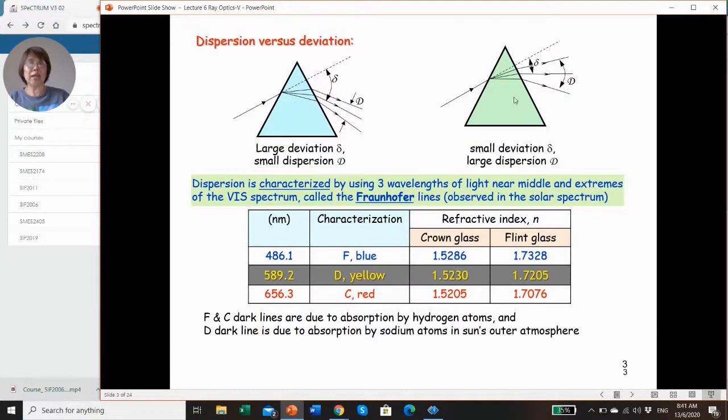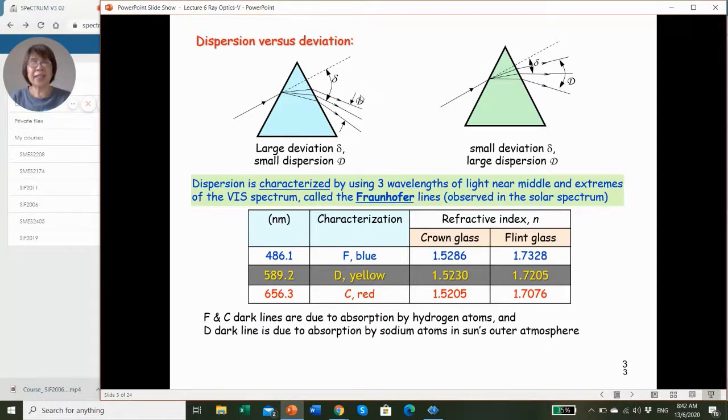These two diagrams here give an idea of how to differentiate between dispersion and deviation. Here we have deviated angle delta and the dispersion given by uppercase D. You can see that the deviated angle from the original incident ray is larger here, whereas for this one it is smaller.